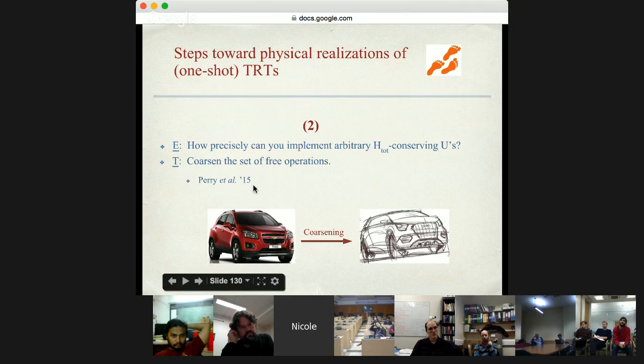Some strides were made in this direction recently. I know Chris Perry signed up to be in this talk. I'm not sure if he's in the audience at the moment. If so, let me give a shout out to Chris and his group. This is, I think, a useful step on the road. It would be great to bring that even farther from theory to what experimentalists can really perform.